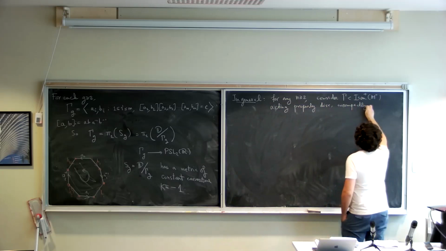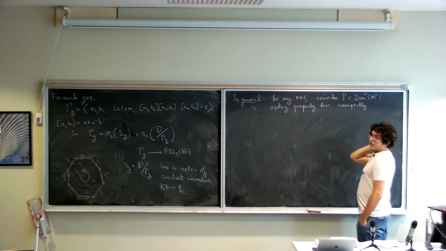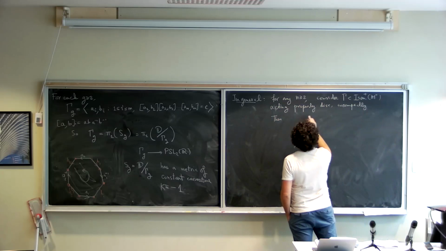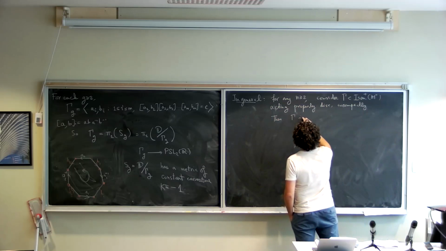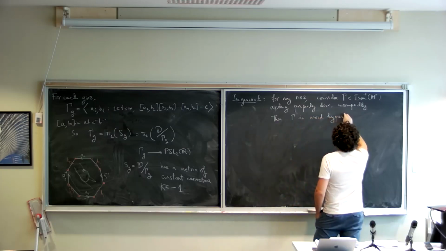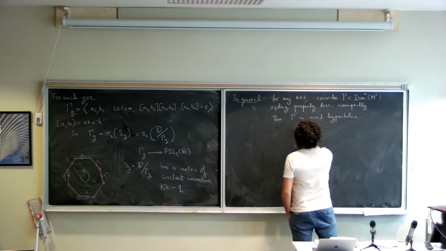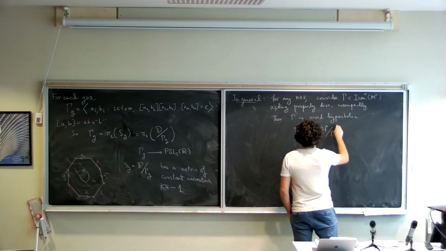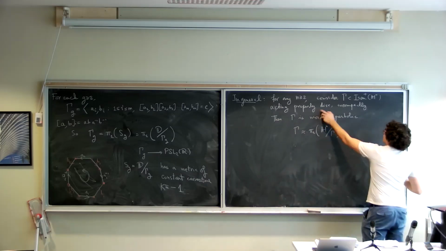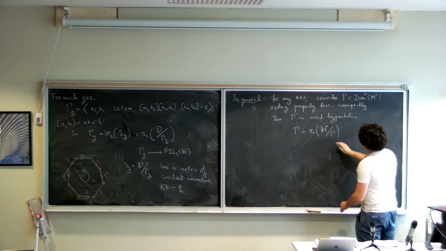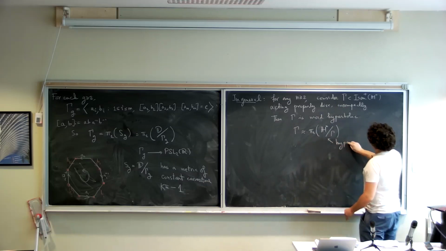If you just do that, the quotient need not be a manifold, it could be an orbifold. Then Gamma is word hyperbolic and Gamma is isomorphic to the pi1 of the quotient. So this is a hyperbolic orbifold.